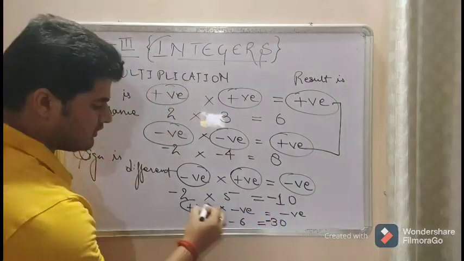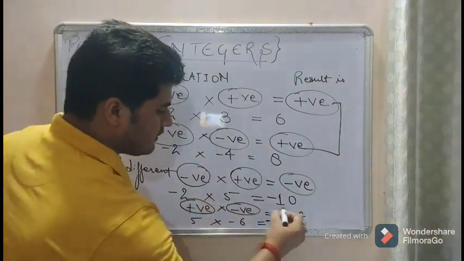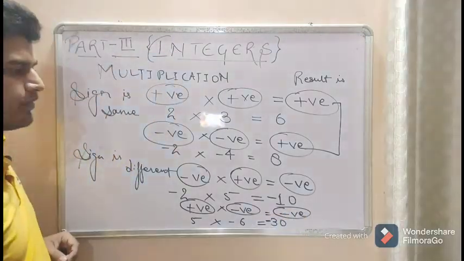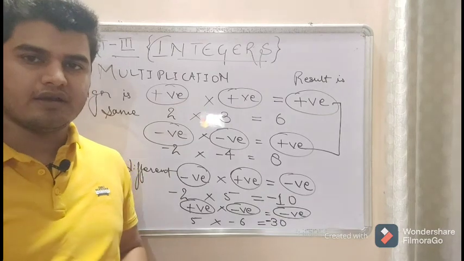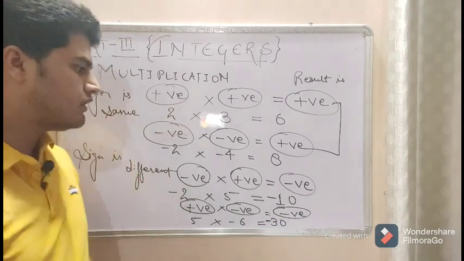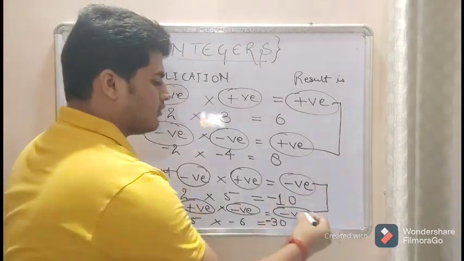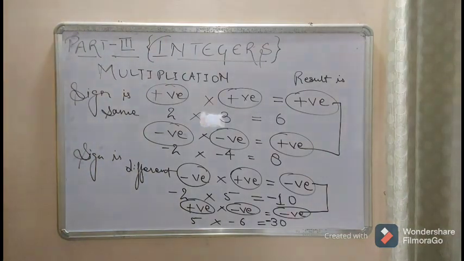So a positive number with a negative number gave us a negative number. So when the signs are different, the output is negative, but when the sign is same, the output is positive. This you can note down for your knowledge.